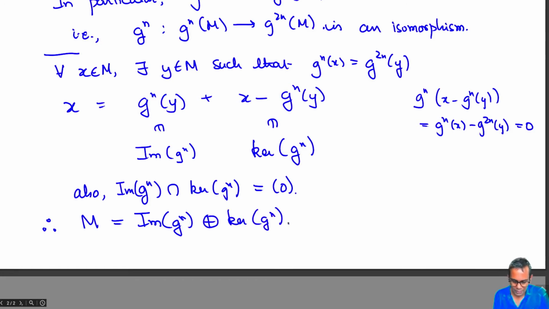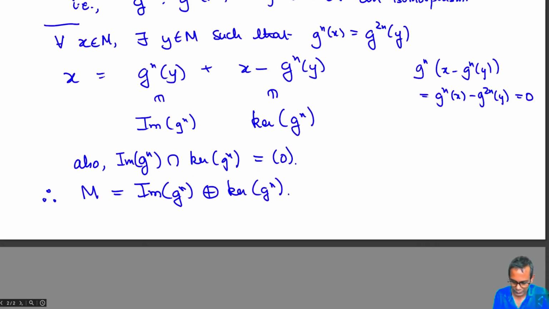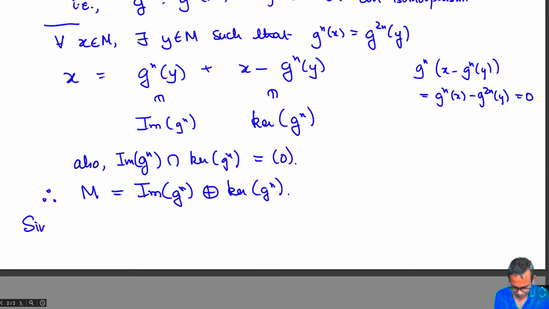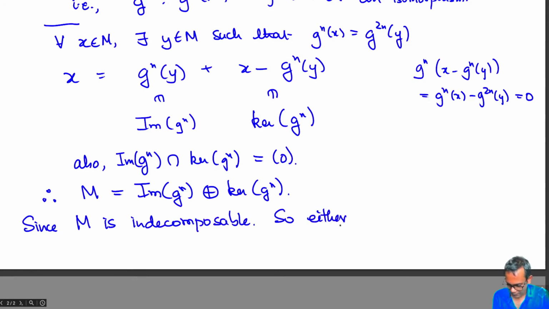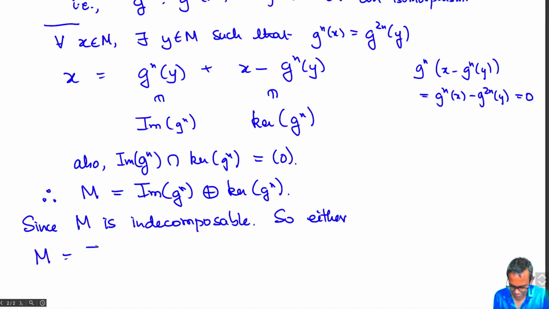Okay, but M is indecomposable, so there are only two possibilities. One of these summands is the whole thing. So either M is the image of g^n, or M is the kernel of g^n.